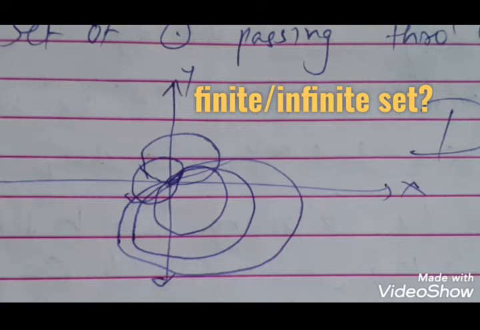It is not compulsory that there are only 5, or 4, or 1, or only 4 for each quadrant. It is not fixed how many circles can be drawn from the same point. We can draw so many circles from the same point, since for different radii we can draw a circle through the same point. So it is an example of an infinite set.